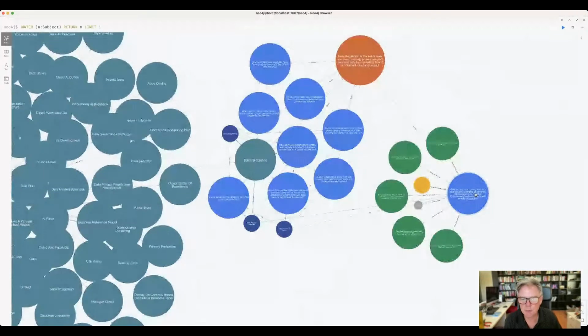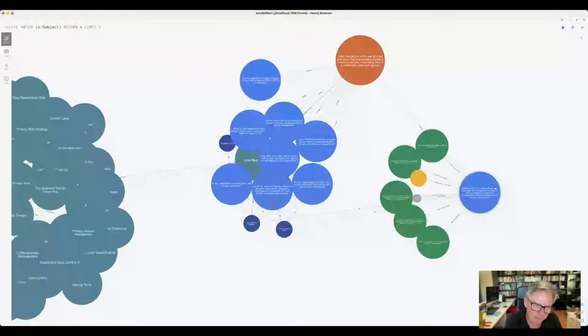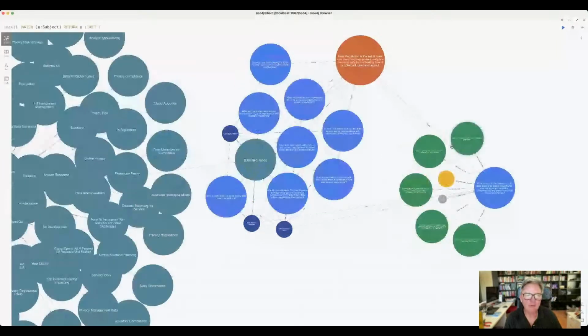If I'm only looking at data regulation, these are the questions I'll be asking. These are the people I need to involve here: compliance officer, data privacy manager, data protection officer. And when I focus on one question, like pulling out this one, these are the things I need to look for in that area.